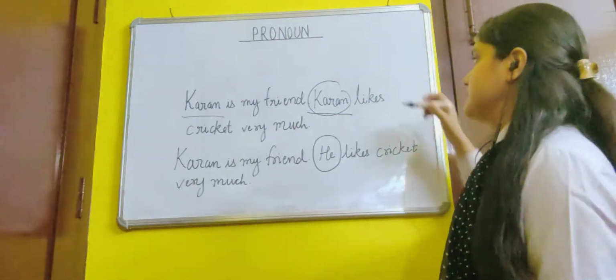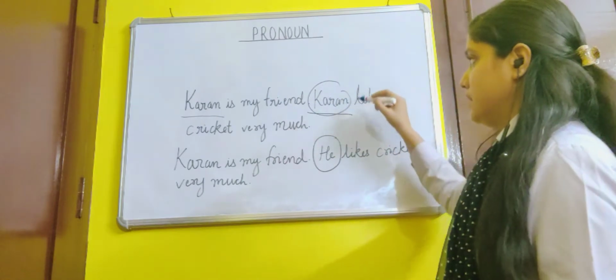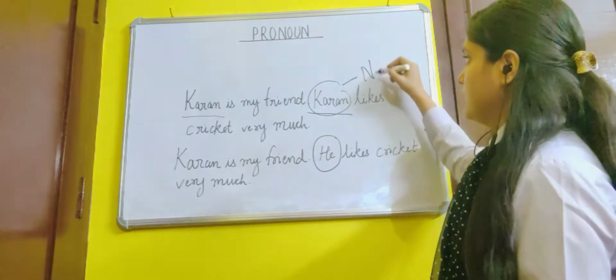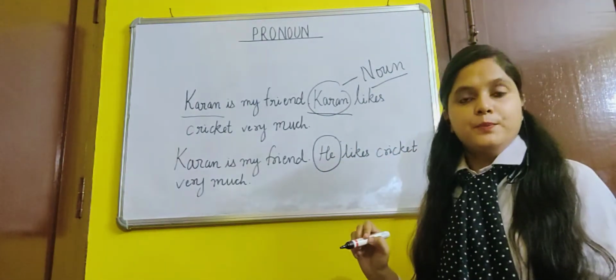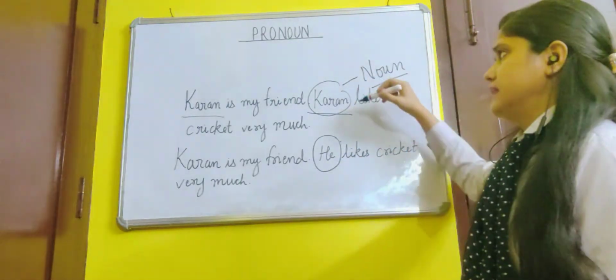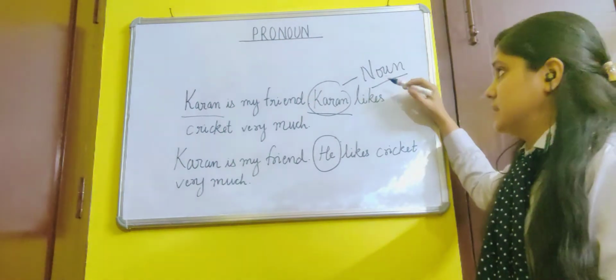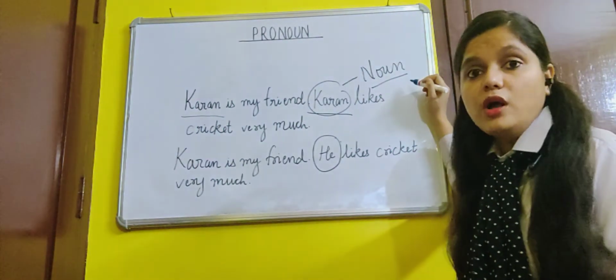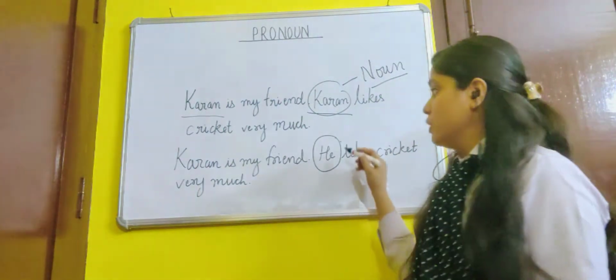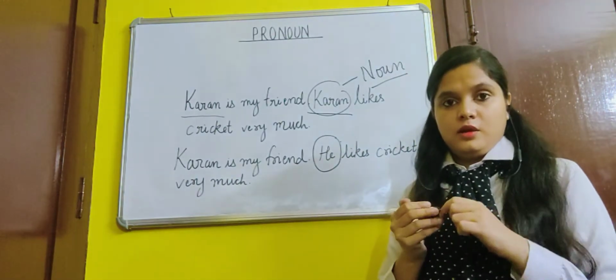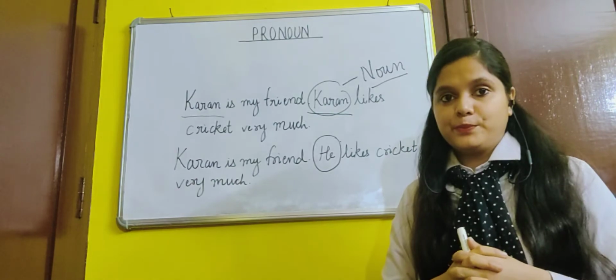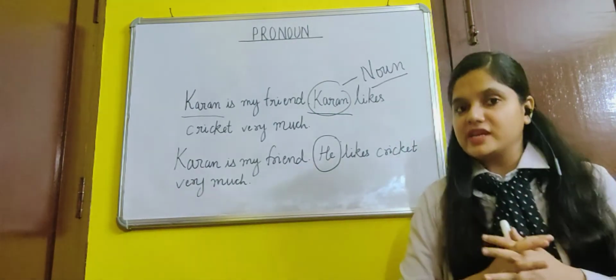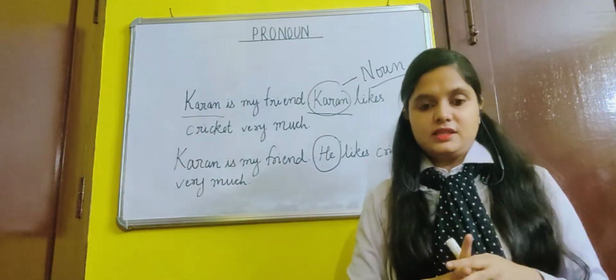We just replace this word Karan, that is a noun, with he. Okay, we know that Karan is the name of a person and the name of a person is called a noun. But what is he? What will be called he in grammatical terms? So in today's class we will learn about this.